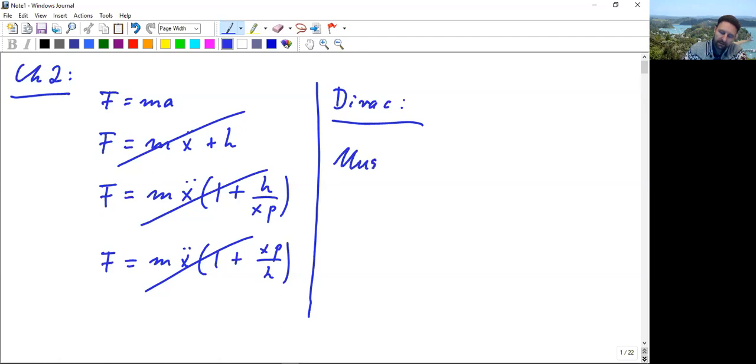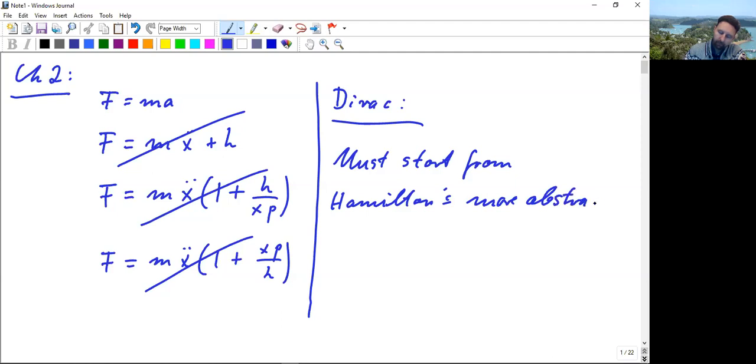So Dirac's insight was, we must start from Hamilton's more abstract formulation of classical mechanics.